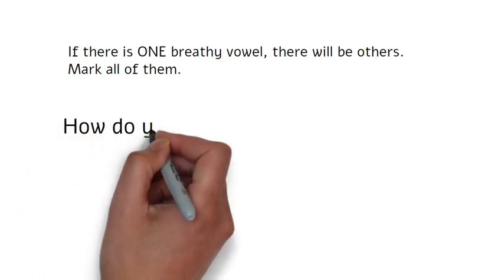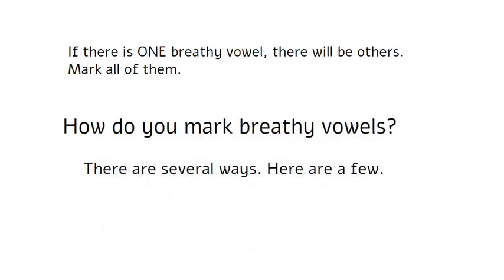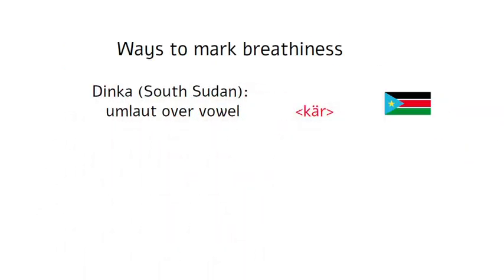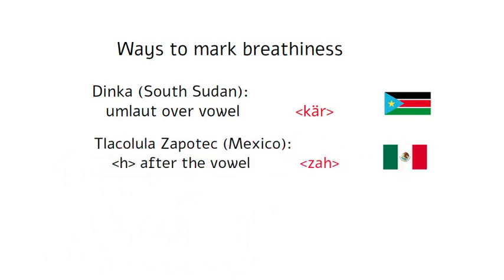I see that. How do you mark breathy vowels? There are several ways. Here are a few ways. In Dinka of South Sudan, breathiness is marked by an umlaut. In Tlacolula Zapotec of Mexico, they put H after the vowel.